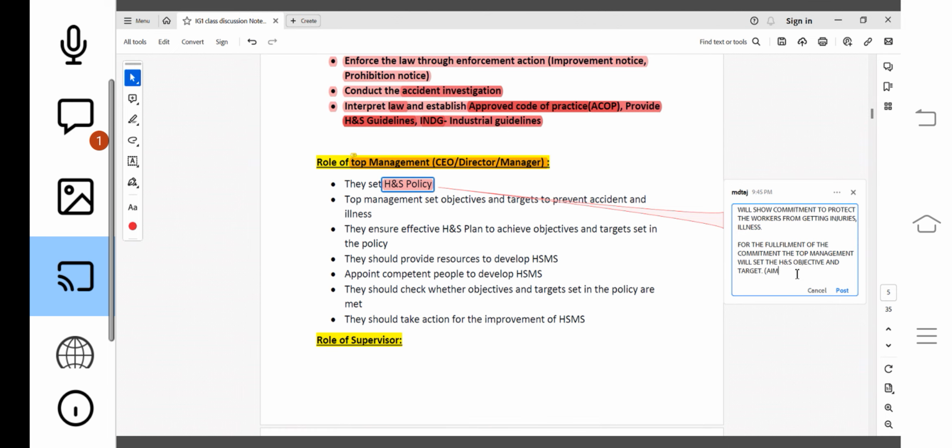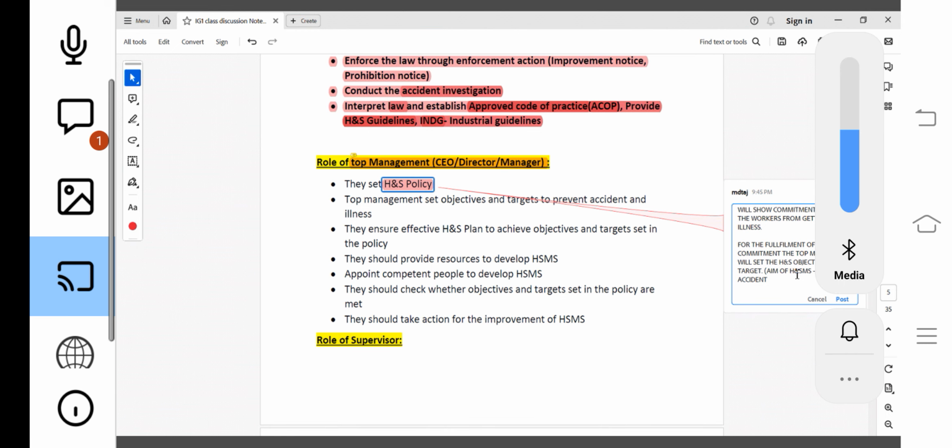Okay, that is also called the aim of the health and safety management system, which will be preventing accident and illness. So objectives, being measurable, they can set like zero accident and zero illness.